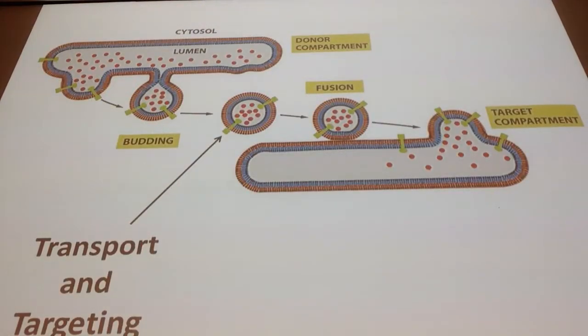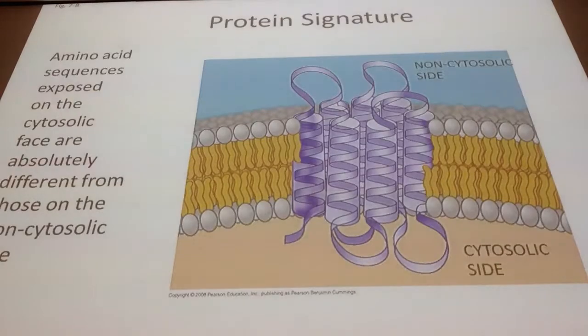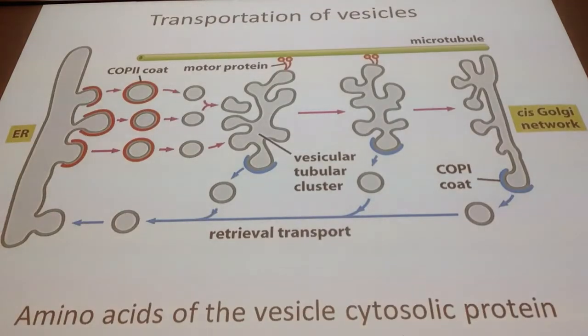So targeting. This is just a reminder that the next step is targeting. Again, we have so many redundant slides. So, budding and then transport. How are these vesicles transported? Right? How are they transported? They are transported mainly along the microtubules.